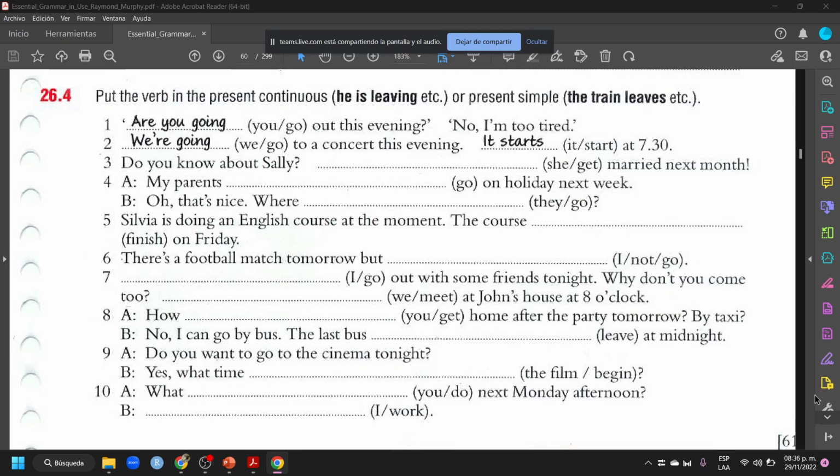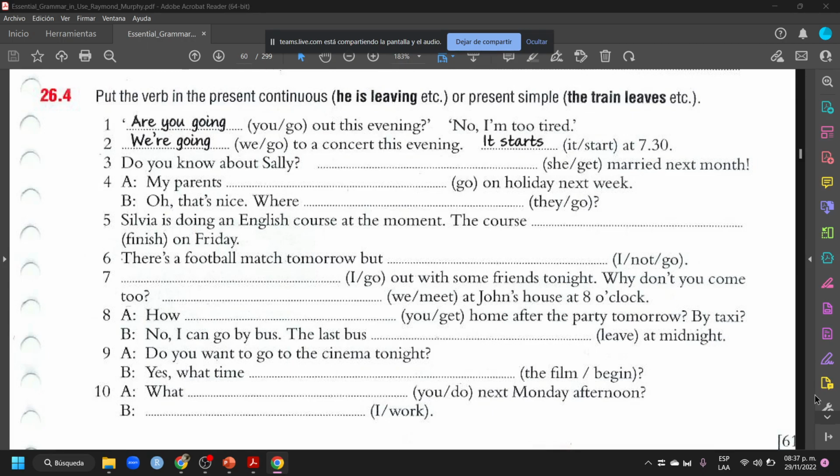Number 5: Sylvia is doing an English course at the moment. The course is finishing on Friday. In present continuous, right?